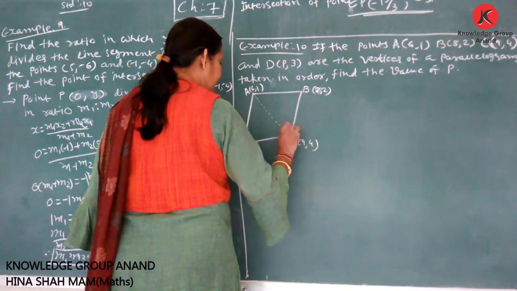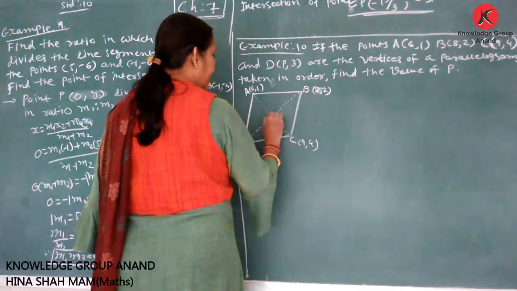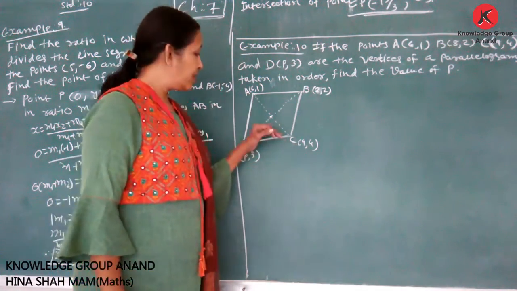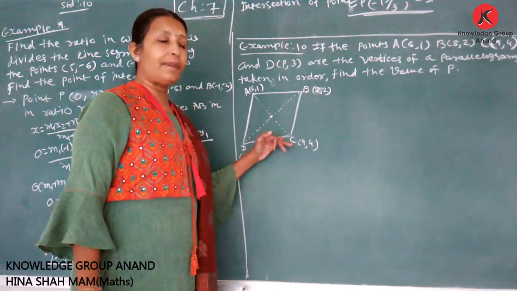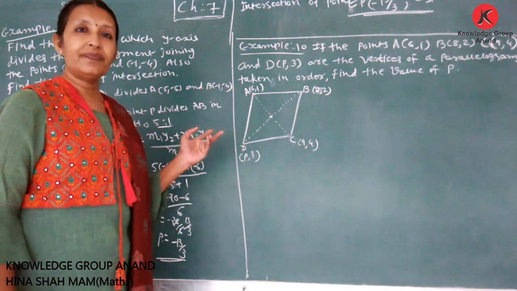Suppose diagonals AC and BD bisect each other. Therefore, the midpoint of AC is equal to the midpoint of BD.